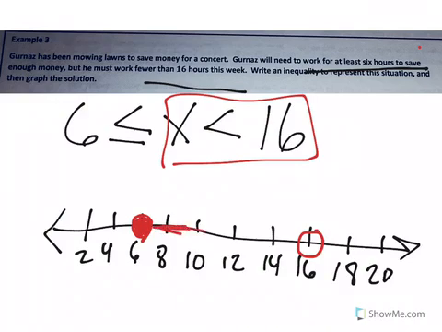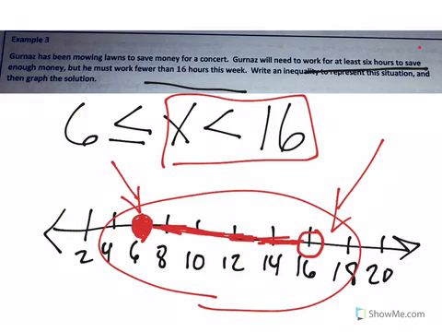So the amount of time that Gurnaz can work is in between 6 and 16 hours. However, he can work 6 hours. 6 hours counts as part of the inequality. It counts as part of the answer, so I'm going to leave that filled in. He can't work 16 hours. It said he has to work fewer than 16 hours. So I'm going to leave that as an open circle. So we see, just by looking here, he can work 6 hours up to, let's call it 15.9, but he can't work 16. So somewhere in between there.